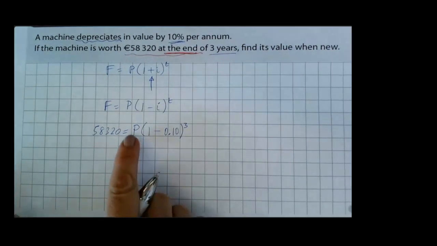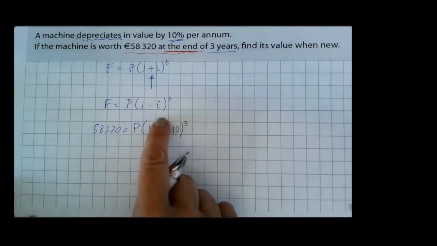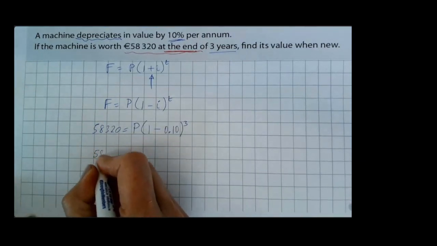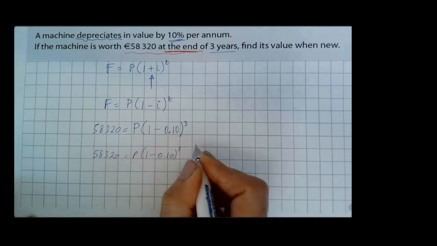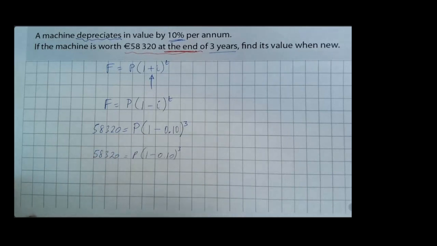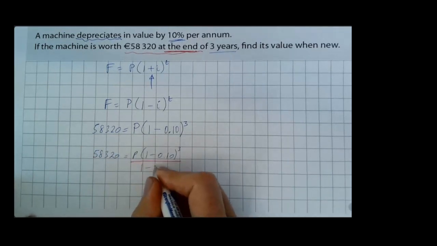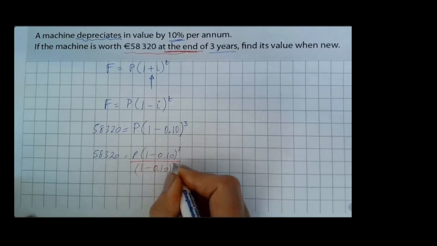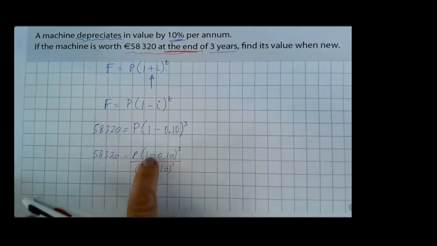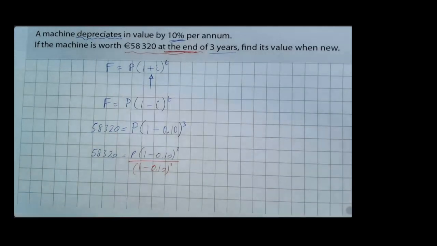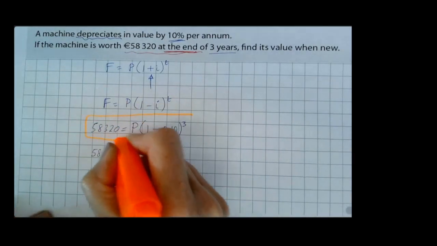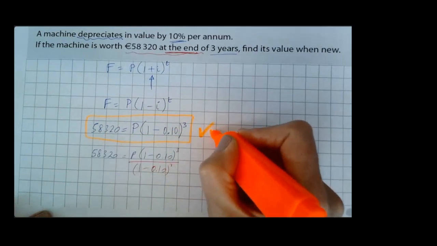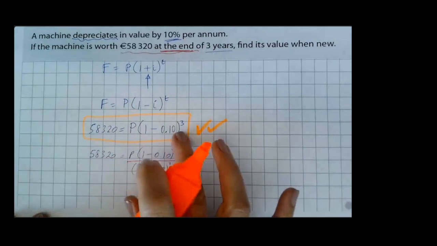And now this time, again, I want to get the P on its own. So I want to get rid of all of this on the right-hand side. And of course, to get rid of all of that, since it's being multiplied, that's what I'm going to divide by. Now, do you see the way I came down to my next line to do this work? That is useful to do, because if I go ahead and make a mistake at this point, at least I have that filled in correctly. And you're going to get loads of marks from the examiner when they see that.